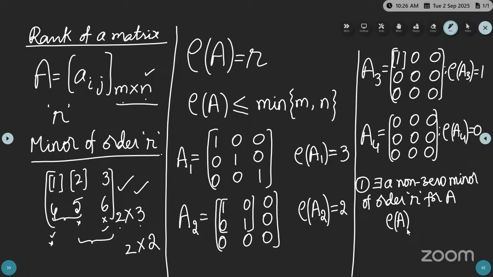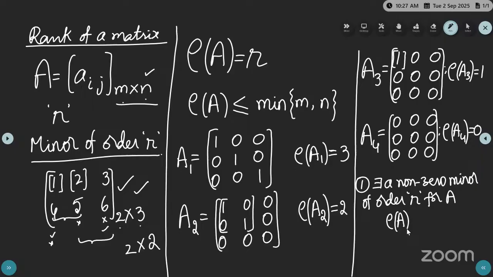If there exists a non-zero minor of order R, here in A1, there exists a non-zero minor of order 1. Its rank is 1. There exists a non-zero minor of order 2. Can you say its rank is 2 now? There exists a non-zero minor of order 3. Can you say its rank is 3? Yes or no?